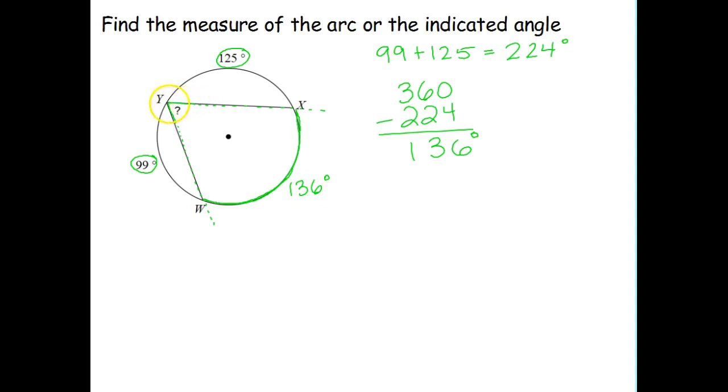But an inscribed angle, which is what this is because its vertex is on the circle, is half of its intersected arc. So to find angle Y, we take 136 degrees, divide that by 2, and we get 68 degrees. So the measure of angle Y is 68 degrees.